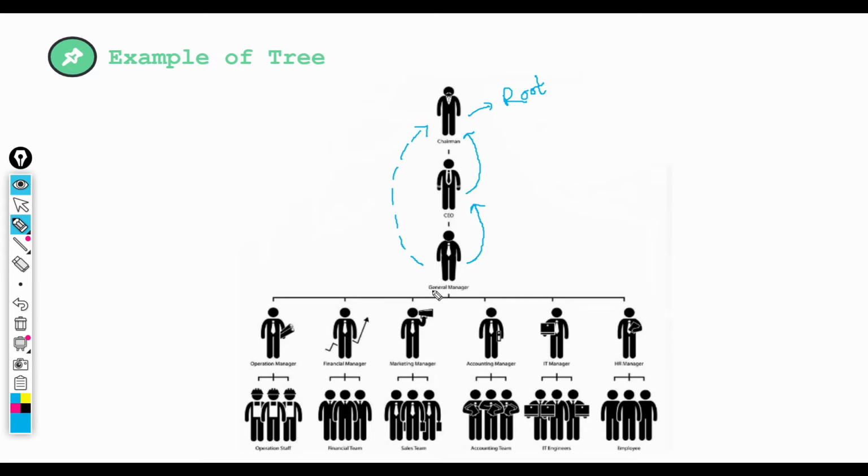So the general manager has its own children. Those are the operational manager, financial, marketing, accounting, IT, and HR manager, right? So all these managers are directly reporting to the general manager. And all these managers are siblings to each other because all the managers at this level are pointing to the same parent.